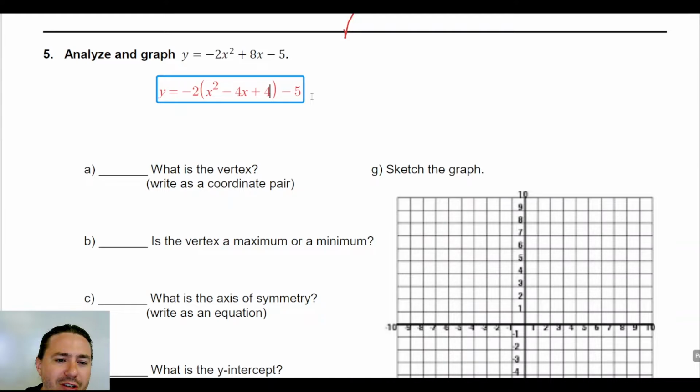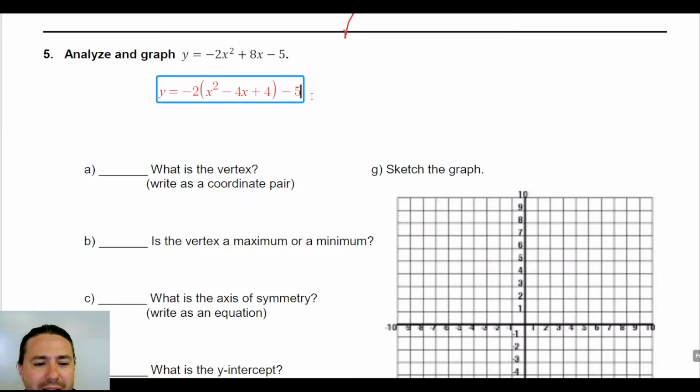Now I can't just arbitrarily add 4, okay? That's going to change what the graph looks like. So what I need to do is subtract the same amount so that it evens out. Like I'm allowed to add 0, but here I need to subtract away the same amount that I'm adding.